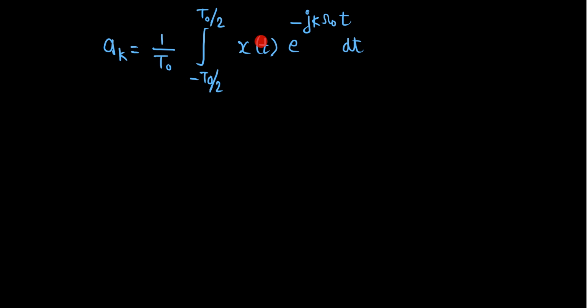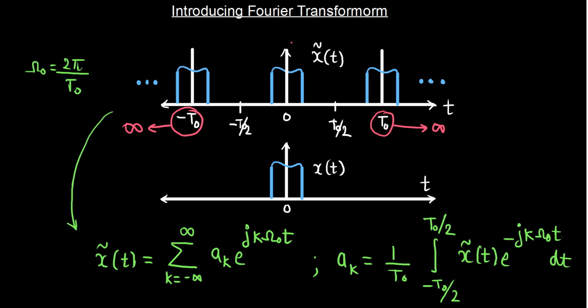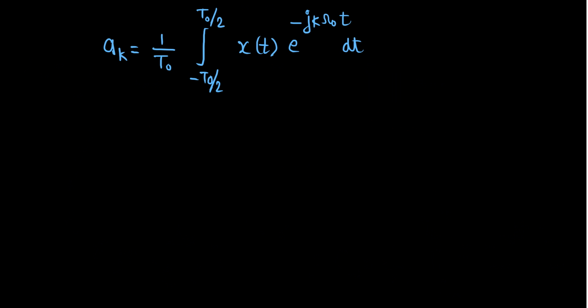Now as this signal is x of t, I can get these limits extended from minus infinity to infinity. As we can see, this signal x of t is defined between certain limits and it is 0 otherwise. So I can always extend this integration from minus t naught by 2 to t naught by 2 to minus infinity to infinity, because this x of t is defined only over a small duration.